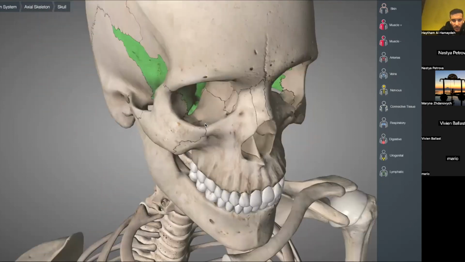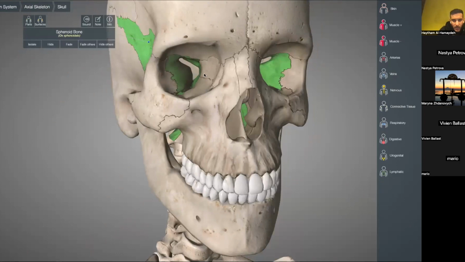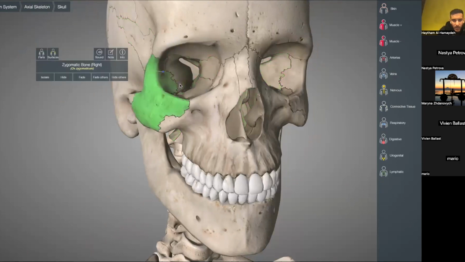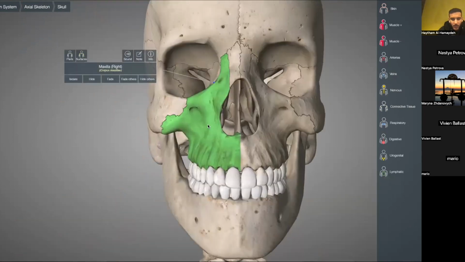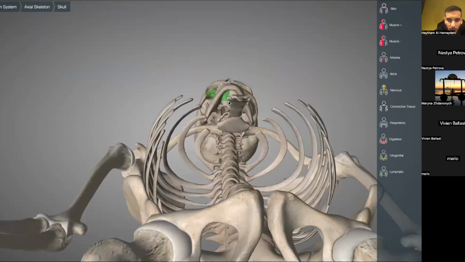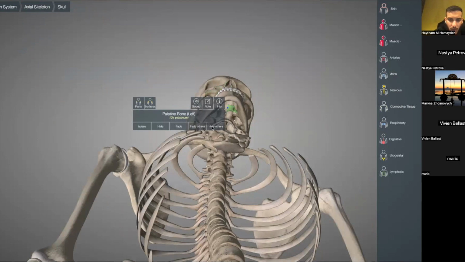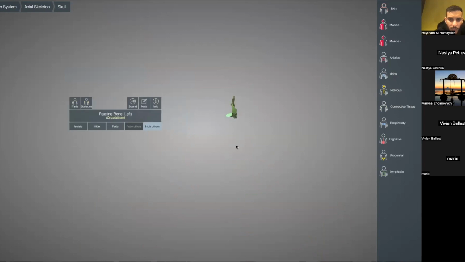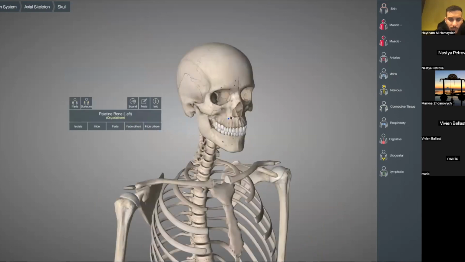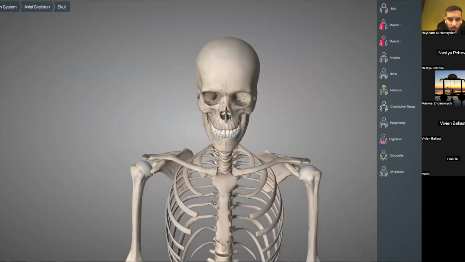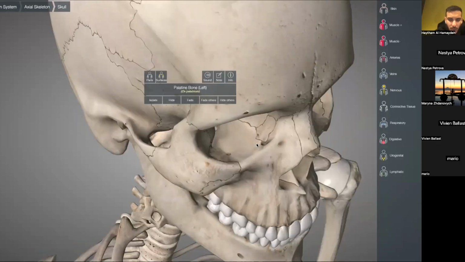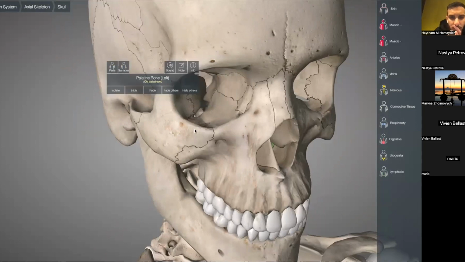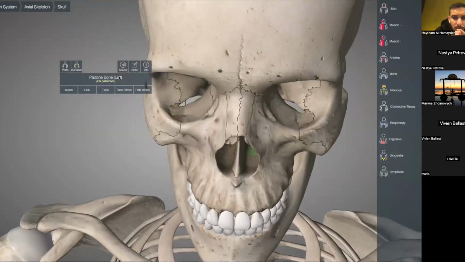This is the ethmoid. Where is the palatine here? Maxilla. Give me a second. I'm confused. Why am I confused? Maybe I'm not catching it. One second.